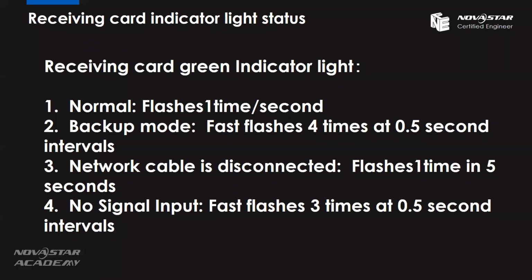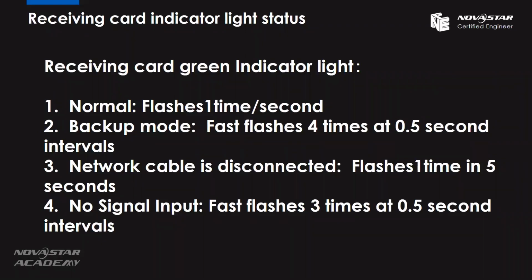And if there's no video source input, it will also be a faster flash, but it's not 4 times, it's 3 times. So don't confuse the no signal input and the backup mode. The backup mode is a faster flash 4 times, and no signal input is 3 times at 0.5 second intervals. So that is the first question.